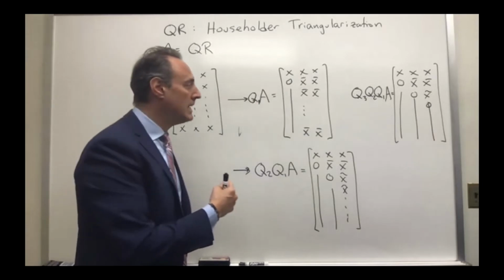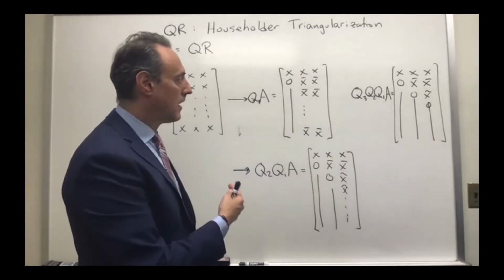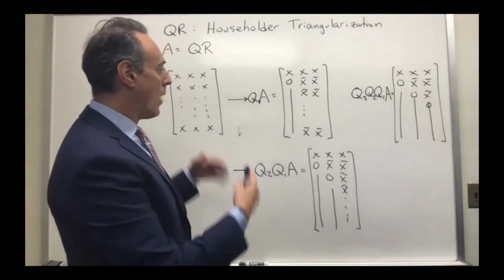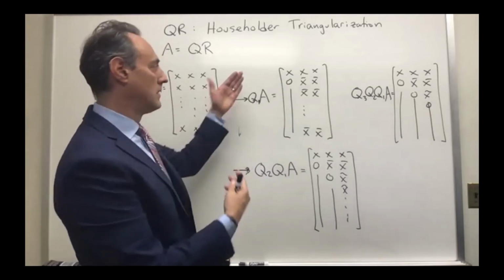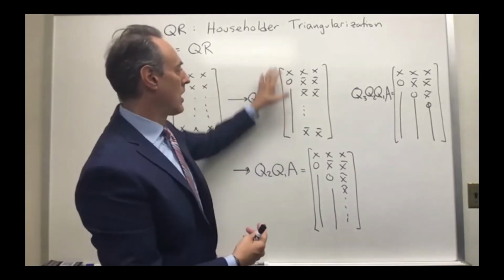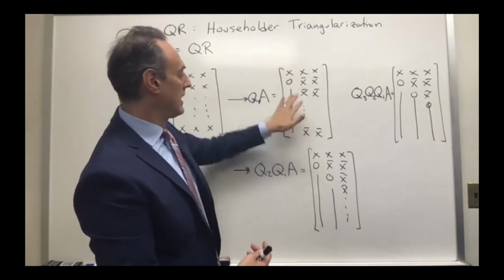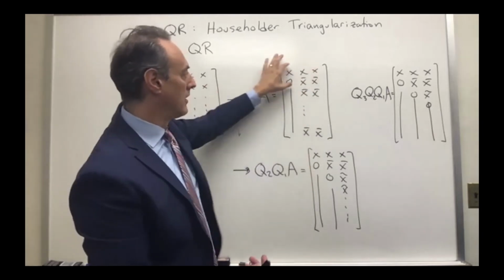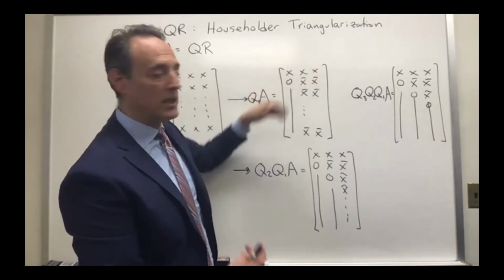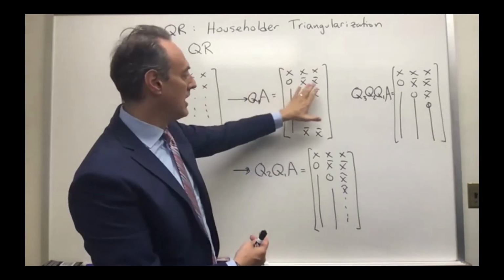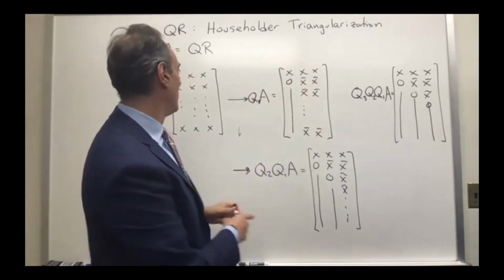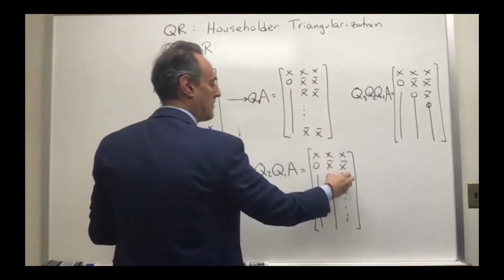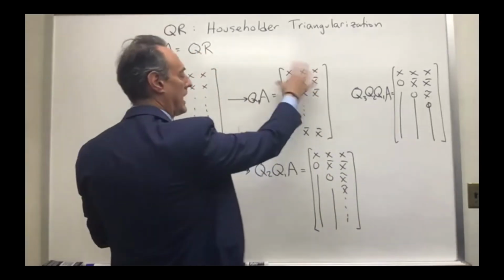Okay. Second observation is, whenever I'm at some process here, like when I'm at this level here, at the next step, I am leaving the previous work alone. In other words, when I do this multiplication, it's really only acting on the smaller subsets. So when I hit Q1, I get this here.